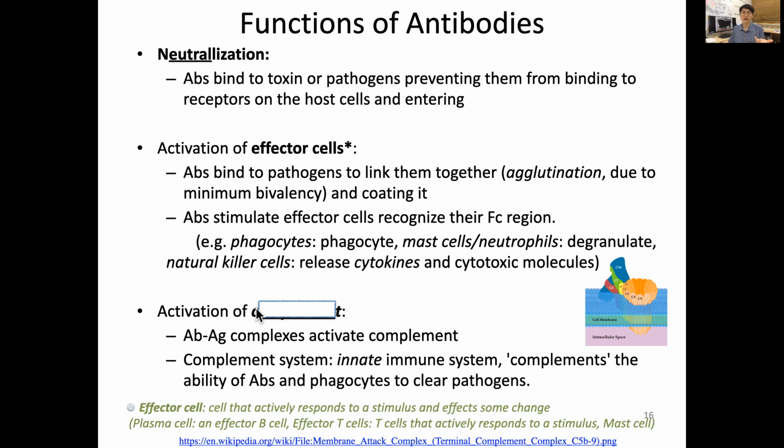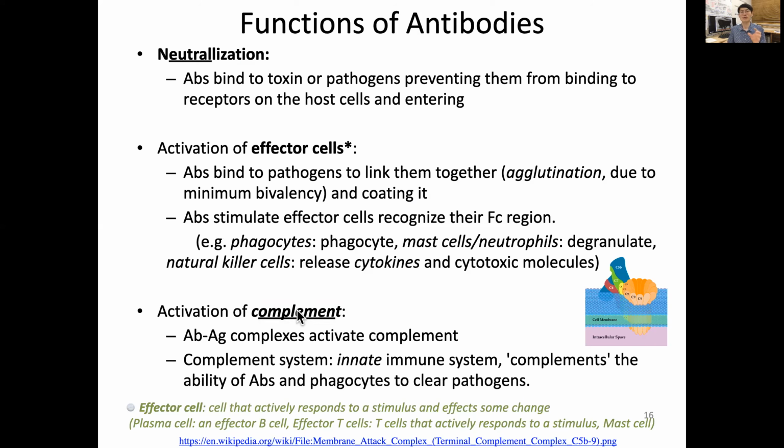So the final one, as I mentioned, look at this cell membrane. There's C1 to C9, and a nice pore is made to lyse the cell or bacteria. So this is a function of antibody, because when antibody coats these external bacteria, it activates complement.